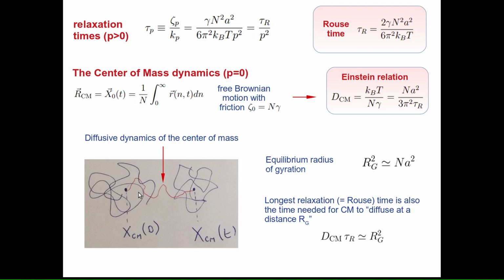What is the idea of this relaxation time? The relaxation time is the time such that the polymer has lost memory of its initial configuration, right? If I would make a movie of this polymer and take pictures of it, you would be able to connect the pictures if you see a few snapshots, to say, okay, the polymer is evolving in time, changing a little bit, relaxing some part of it in a certain specific way.